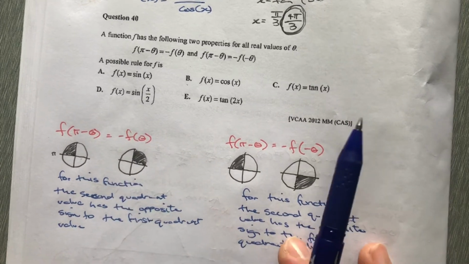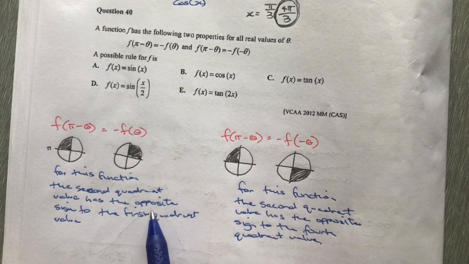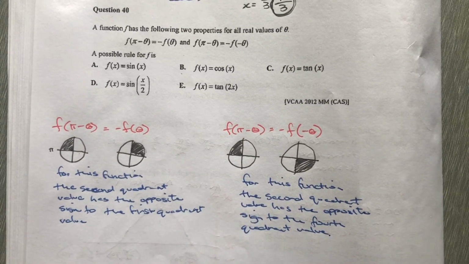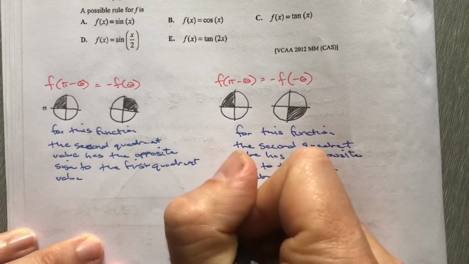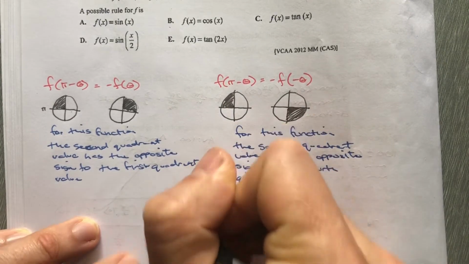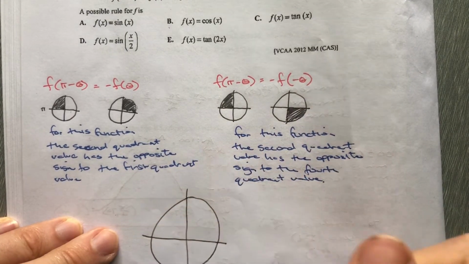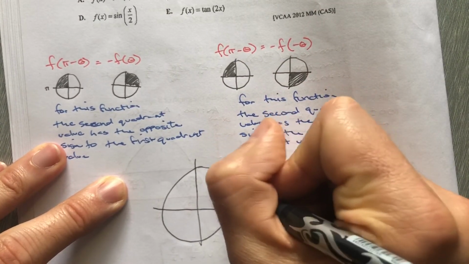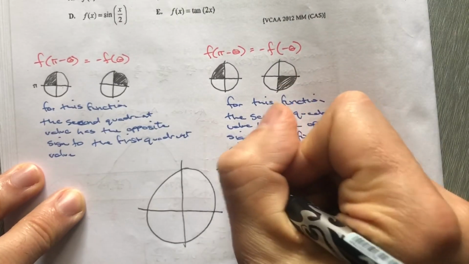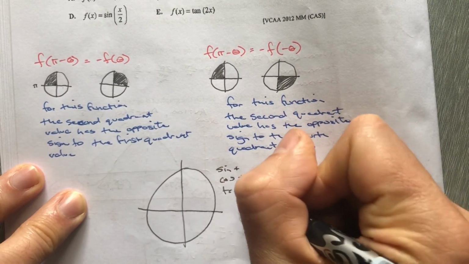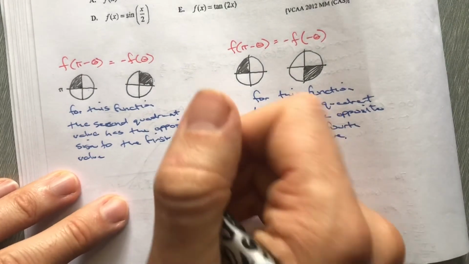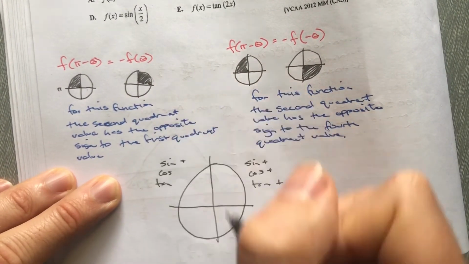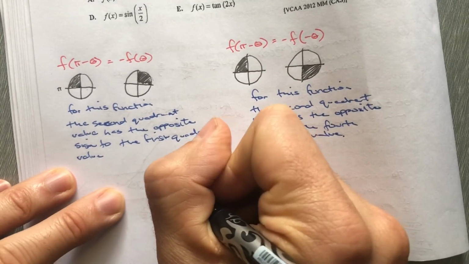All right. Now, it's talking about having the same sign or a different sign, so being positive or negative. I'm going to remind you guys of where each of sine, cos, and tan are positive and negative. So for the first quadrant, our sine is positive, our cos is positive, and our tan is positive. For the second quadrant, our sine's positive, cos is negative, tan is negative.